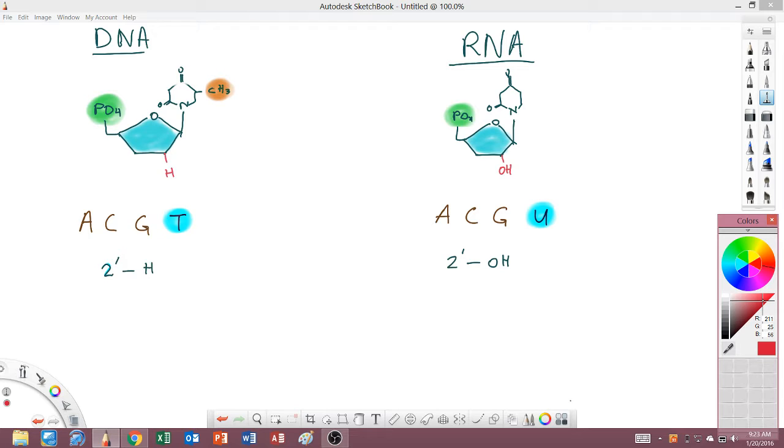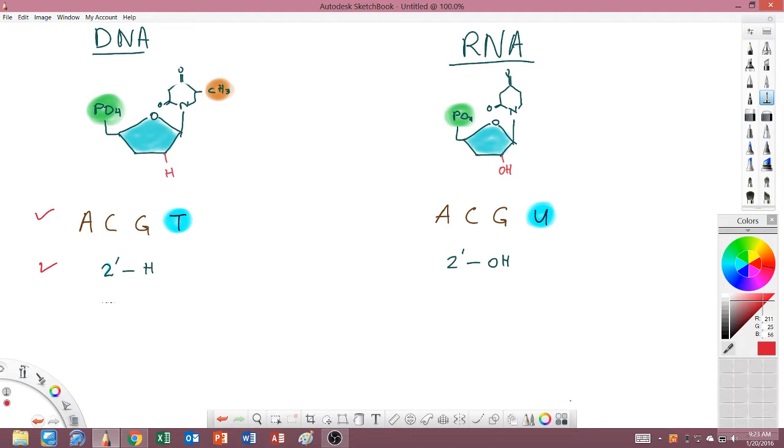The OH allows enzymes to come and attack it and break it down. It's more reactive. That's why. Very good, you're correct. So that's 2 differences. Difference 1, difference 2. DNA in nature is always found in double-strand formation.